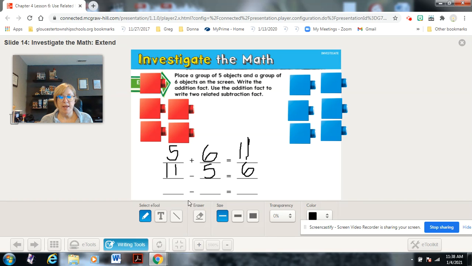Now, they want us to do 2. Well, again, it's a subtraction number sentence or fact. So I'm going to begin with the 11. I've already subtracted 5 first. So now I'm going to subtract the blue, which is the number 6. And my difference should be, that's right, I heard some of you say it, 5.